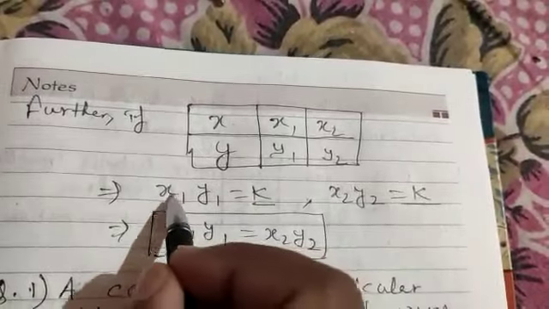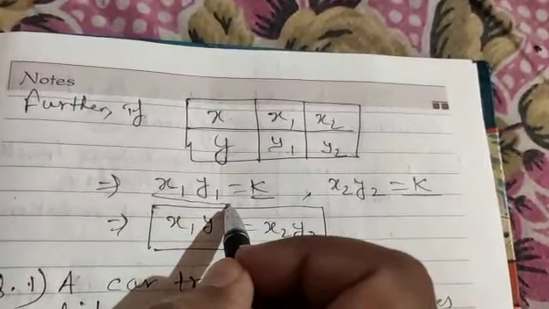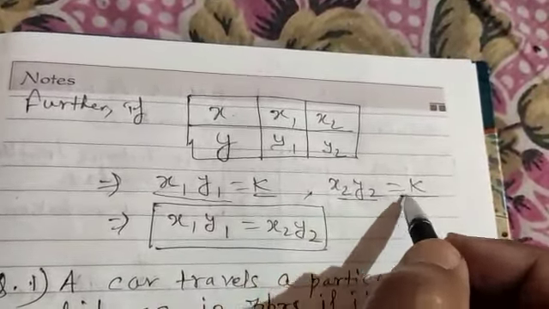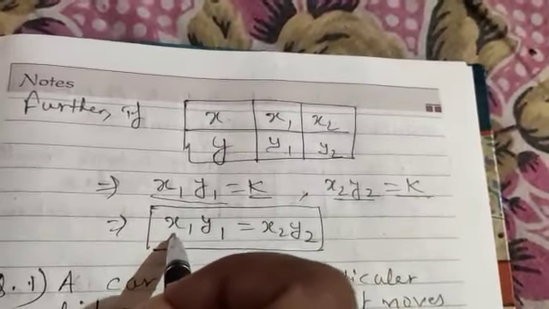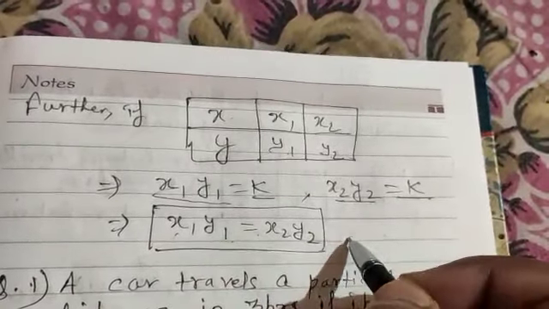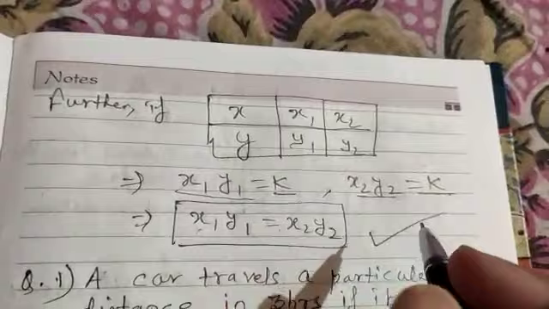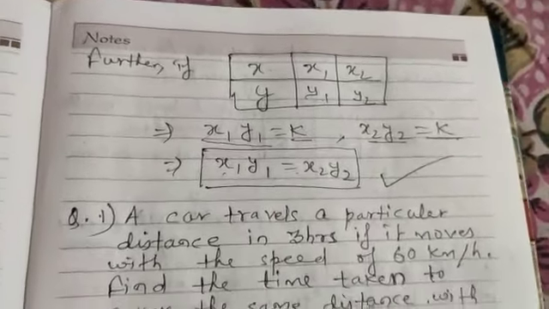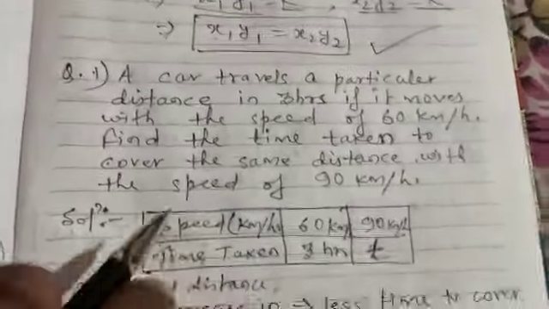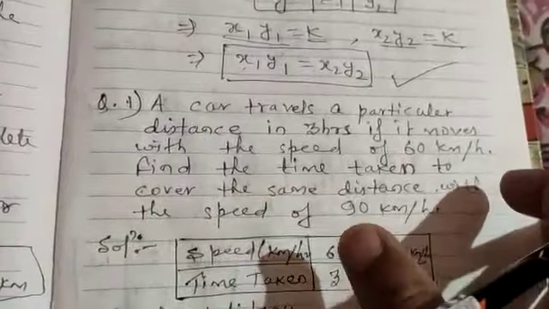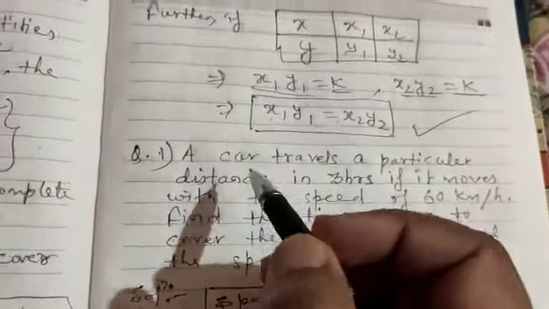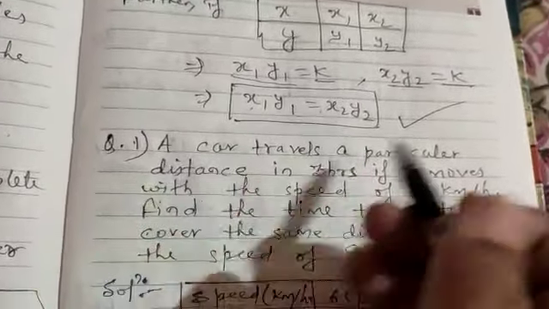Or we can say x1 multiplied by y1 is k, x2 y2 is also k, which implies that x1 y1 is equal to x2 y2. So we got a second result, and based on these two results, let us solve a question which is in inverse variation.